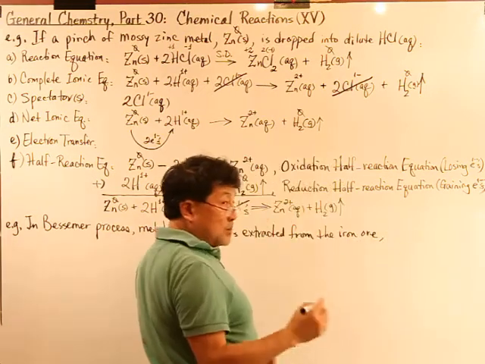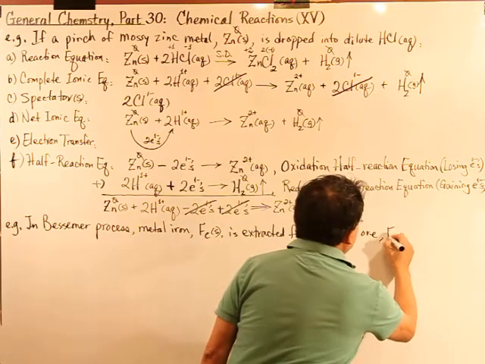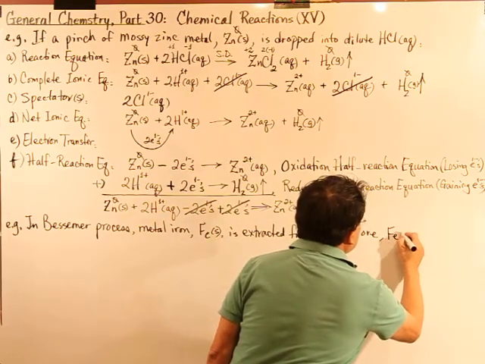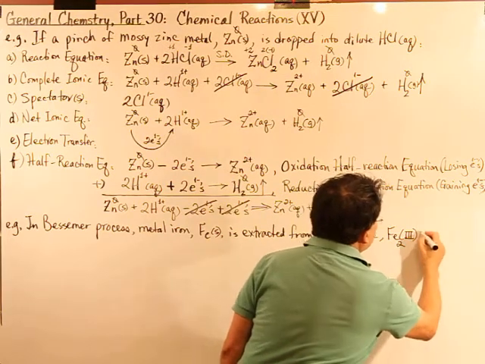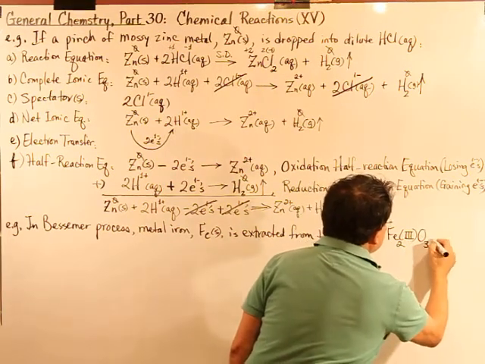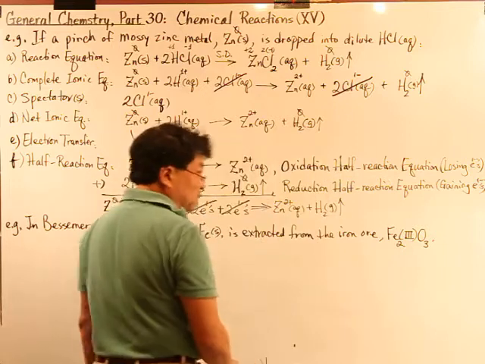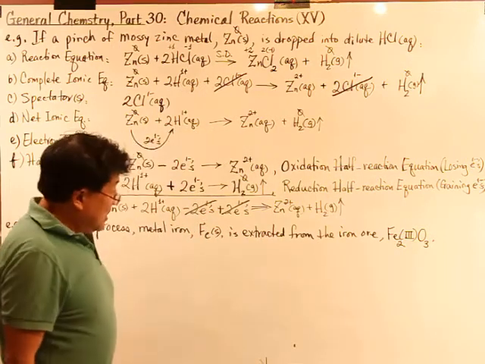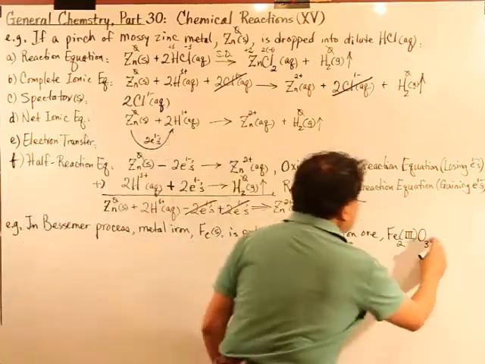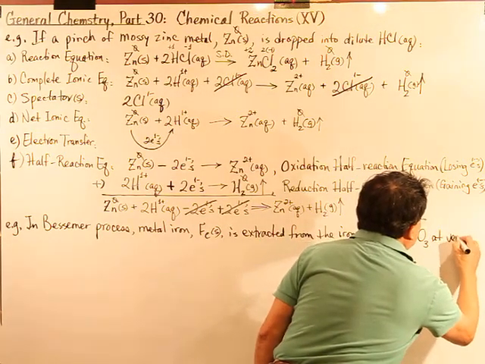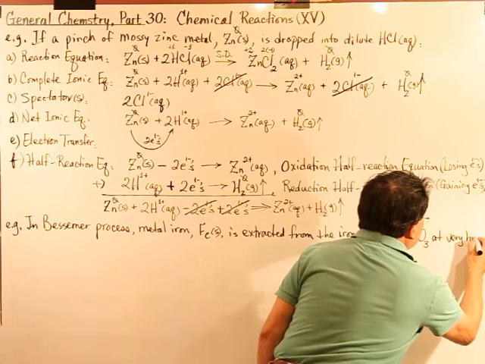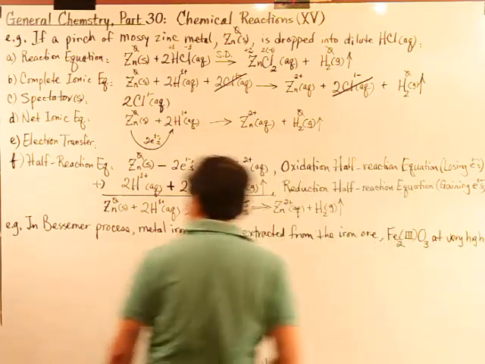The iron 3 plus 2, oxygen 3. Now that's the iron oxide, right, iron oxide. Now that is processed at very higher temperature.